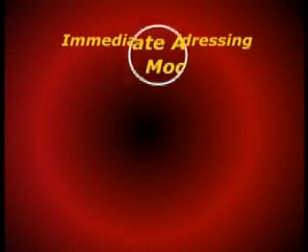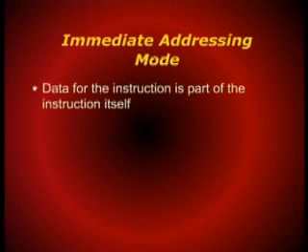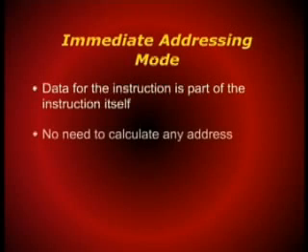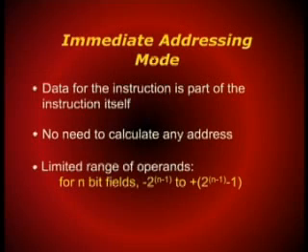We start with the example of immediate addressing mode. Data for the instruction is part of the instruction itself. There is no need of any calculation for the address. The only limitation in this case is that the range of addressability is limited.